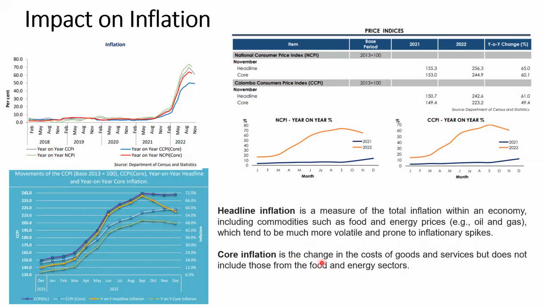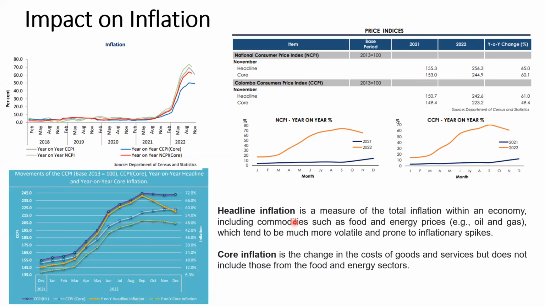Core inflation is the change in cost of goods and services, but does not include those from the food and energy sectors. Now, that is to reflect whether the inflation is included with food and energy. Now here you can see the year-on-year headline inflation and year-on-year core inflation.